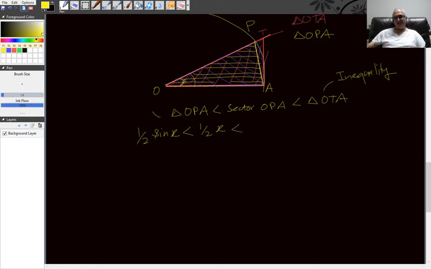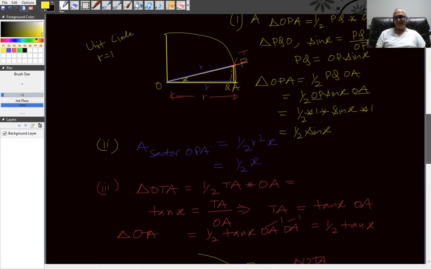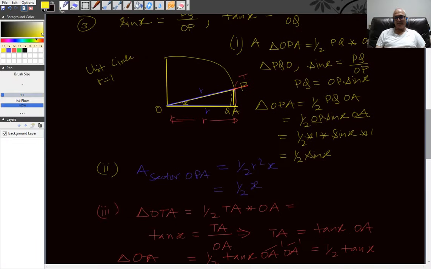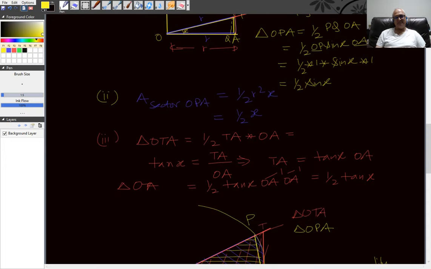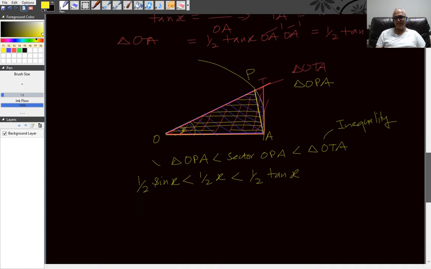And the larger triangle OTA is half tan x. All right, these three things we have seen. Area of the triangle OPA, half sin x. Area of the sector, half x. And area of the triangle OTA, half tan x.